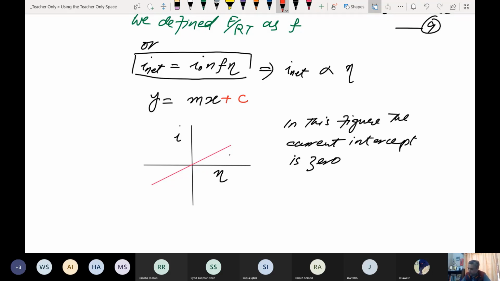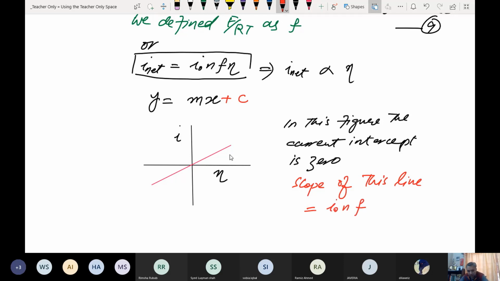Now we also see that near the equilibrium potential, an electrochemical reaction gives a linear current versus potential plot, and we also note that the slope of the line is equal to i naught nF.